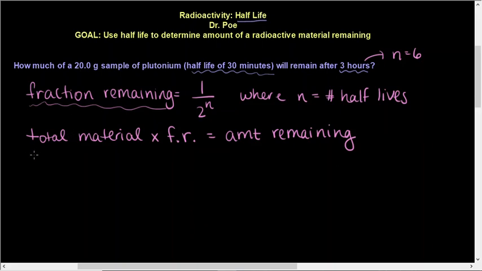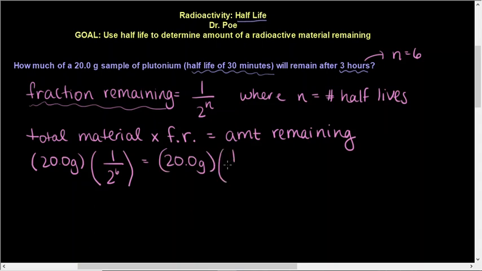So we take our total amount, 20.0 grams, times our fraction remaining, 1 over 2 to the 6th. This is the same as 20 grams times 1 over 64, and that gives us 0.313 grams remaining. Notice if you just took the 1 over 64, that's not the correct answer. You need to multiply the fraction remaining times the amount that you started with.